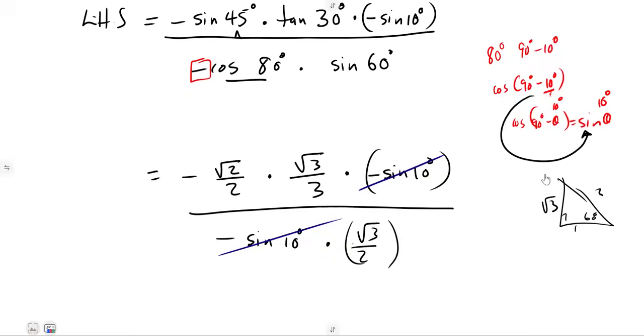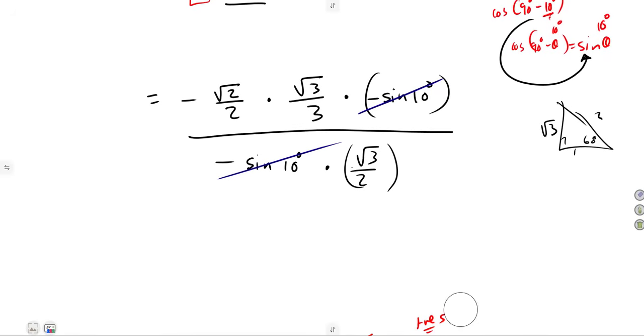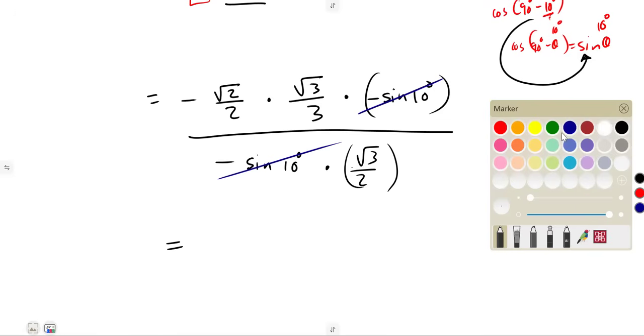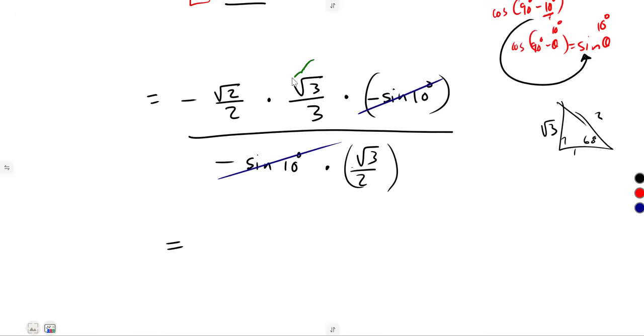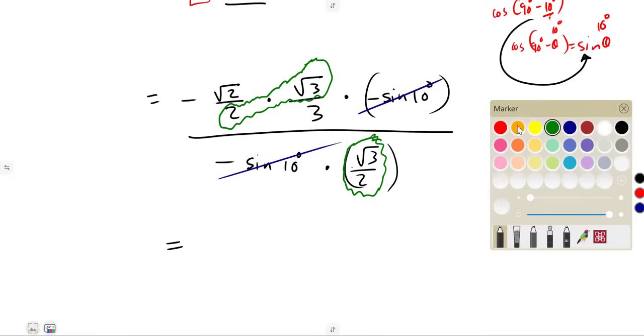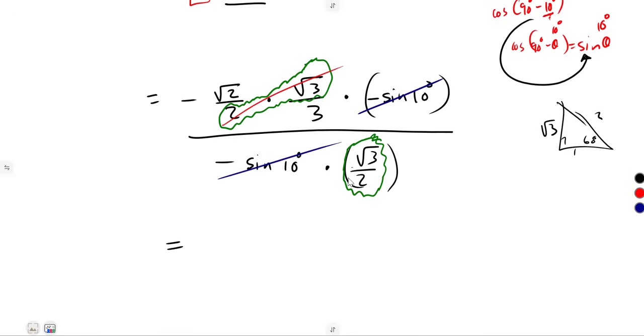Also, if we check what is happening in the numerator and the denominator, there's something that is common there. Square root of 3 over 2 in the numerator, square root of 3 over 2 in the denominator. They can cancel.